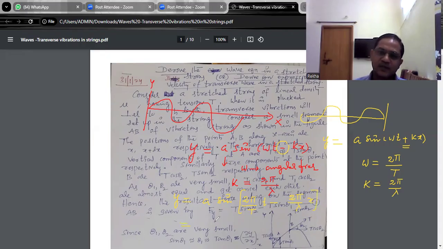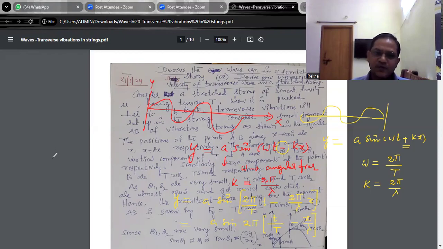From that, taking 2π common, we get y = a sin 2π(t/T − x/λ). The same equation for the wave traveling along the negative x-axis, there you will get the positive sign: t/T + x/λ.